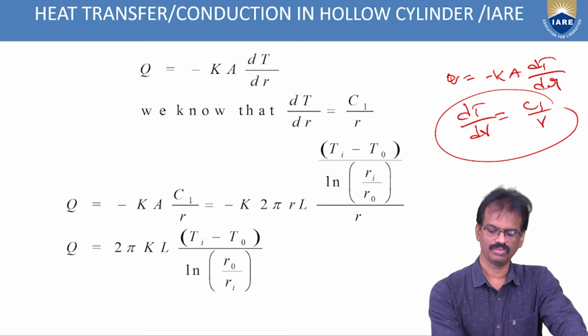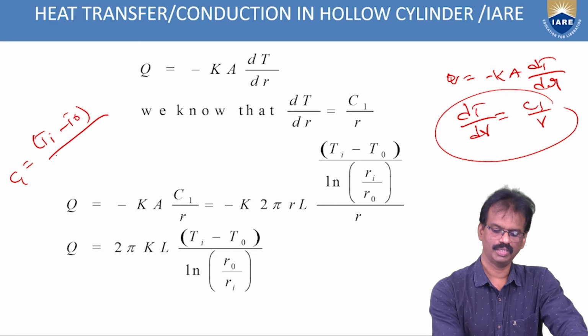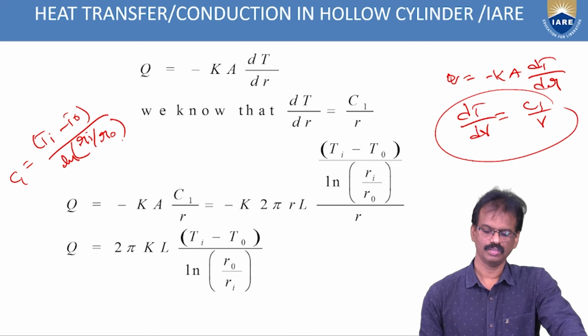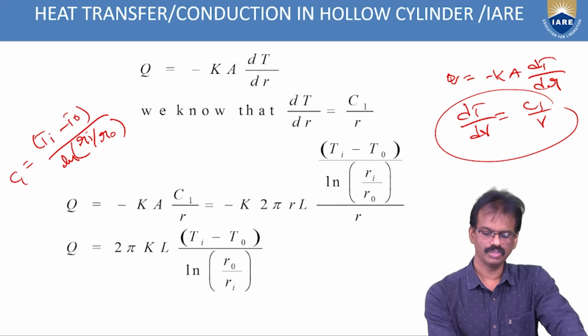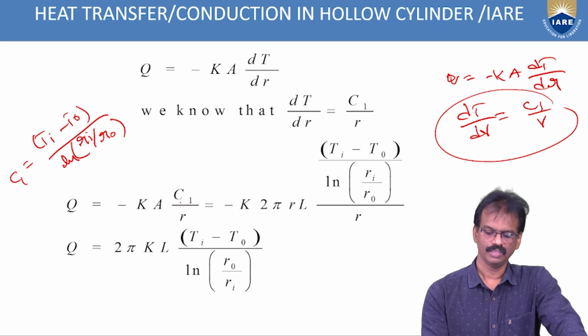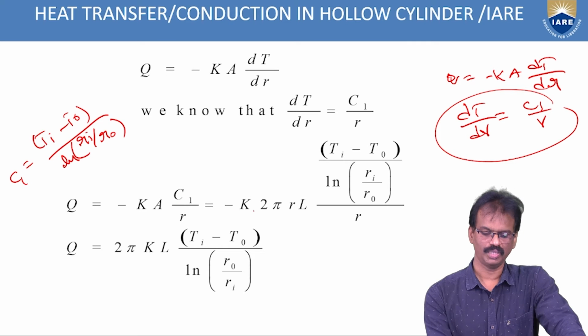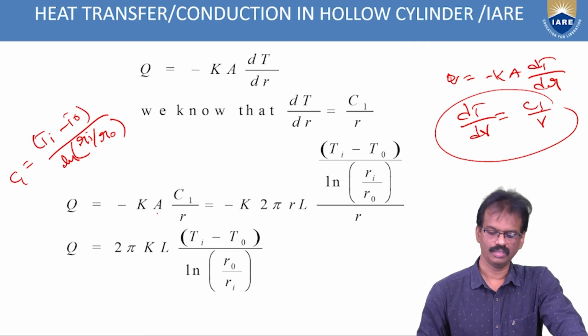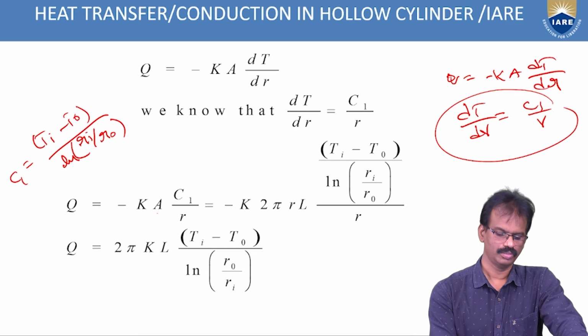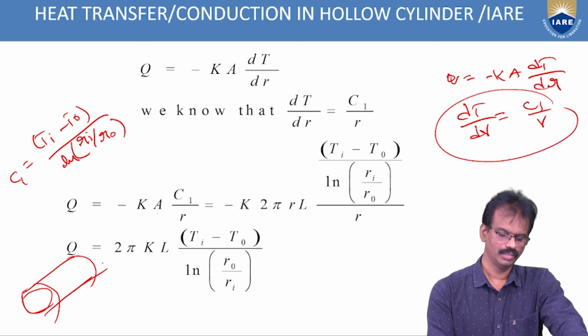According to the previous slide, C1 is equal to Ti minus T naught by ln Ri by R naught. Substitute this C1 value in this formula, then we get minus K, area of the surface, the lateral surface area.